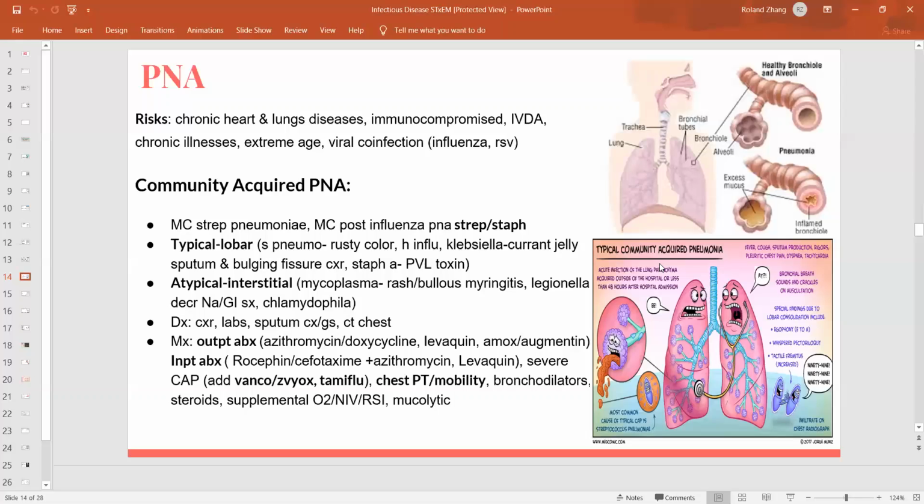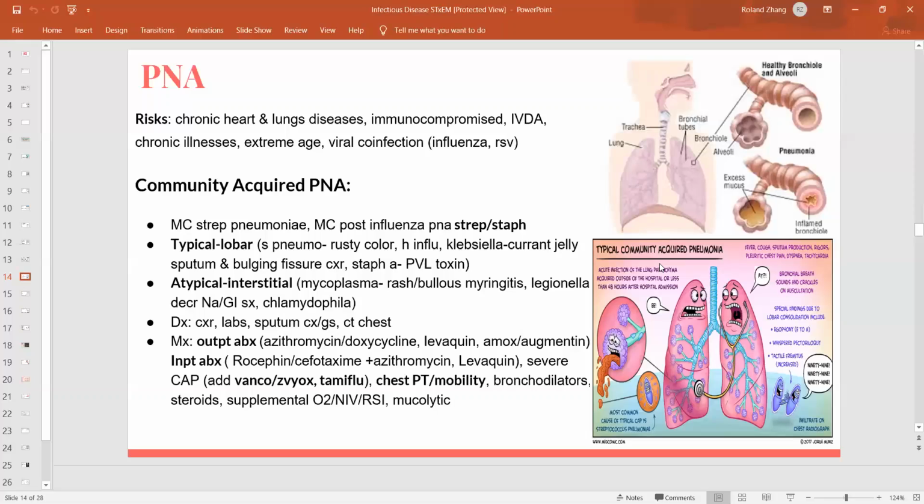Community acquired, if they have moderate symptoms and you feel like they don't have a lot of comorbidity and they can be managed outpatient, azithromycin or doxy for your atypical coverage, and the penicillin. Levaquin, a quinolone, will have both atypical and typical coverage.